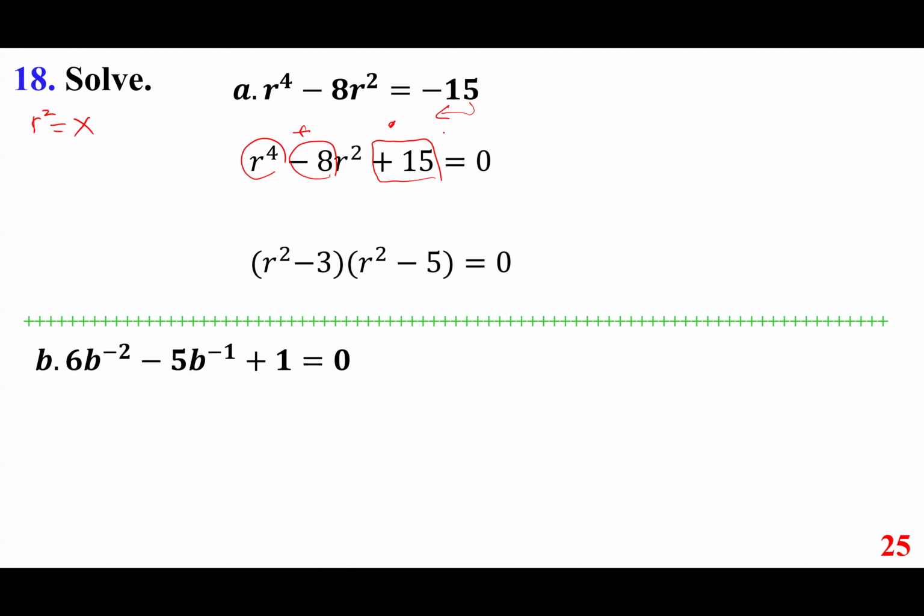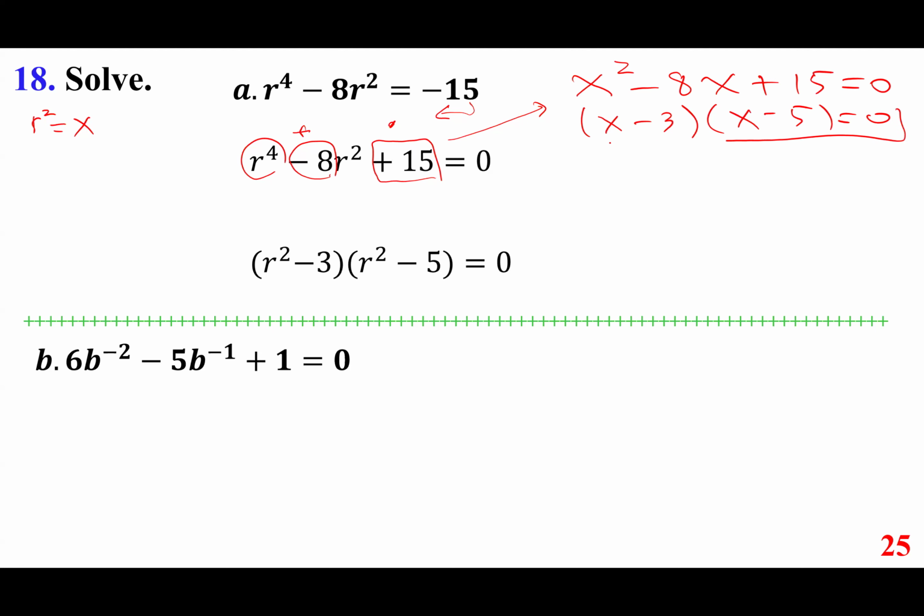If you want to go this route, everybody, this becomes x squared minus 8x plus 15 equals 0, which can be factored into x minus 3, x minus 5 equals 0. So you can go from here to here, or just directly from here to here.